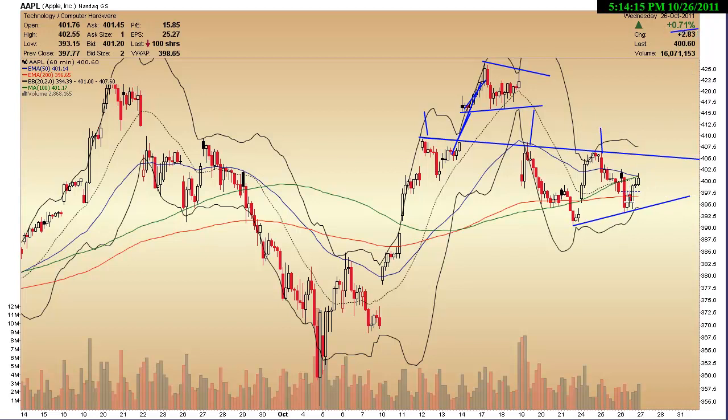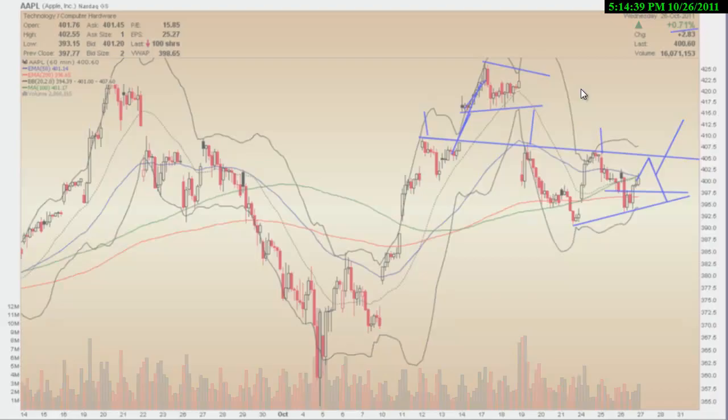So what we're looking for in Apple is, will this 405 to 407 level be resistance, and we sell back off to the bottom of this range, 397, basically under 400 but above 395, or will we see more follow through and perhaps a breakout?